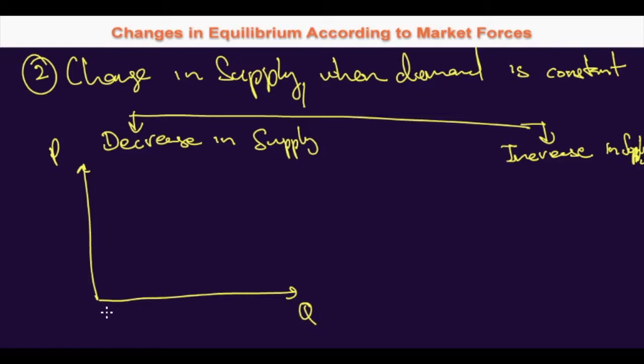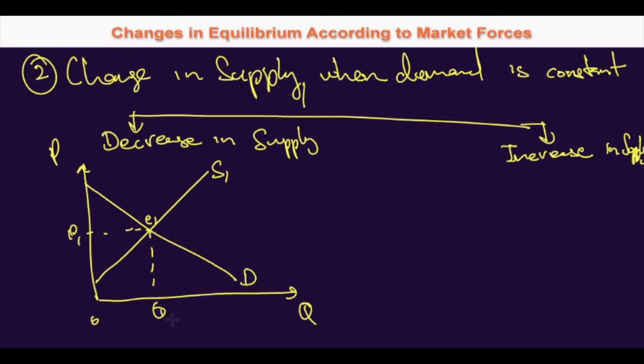Price, quantity 0. This will be S1, D, and this is the equilibrium E1. This is P1, and this would be Q1. So when the supply is decreasing, it's going to shift to the left. So this would be the new supply curve, S2.